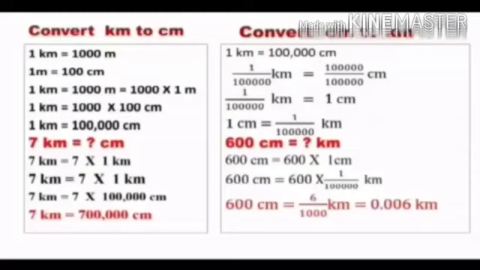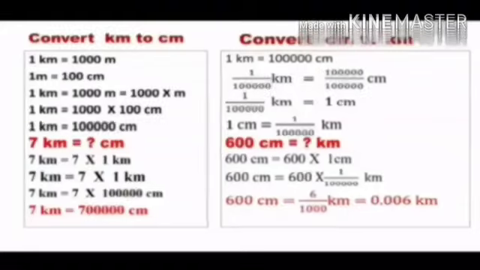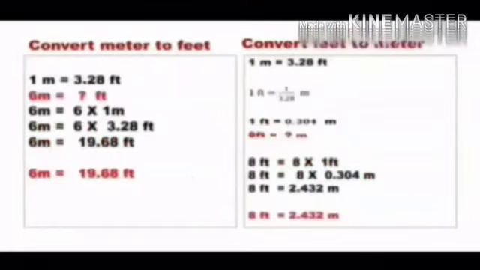So we have 600 centimeter is equal to 600 times 1 over 100,000 kilometer. 2 0s will get cancelled. Finally we have 600 centimeter is equal to 6 over 1000 kilometer, or we can write 600 centimeter is equal to 0.006 kilometer.